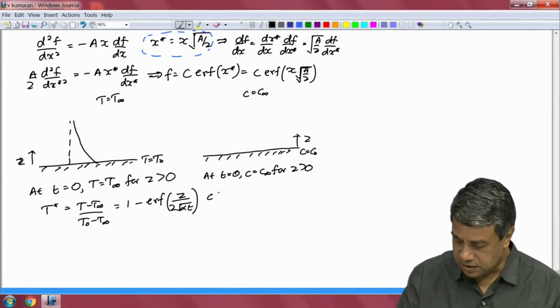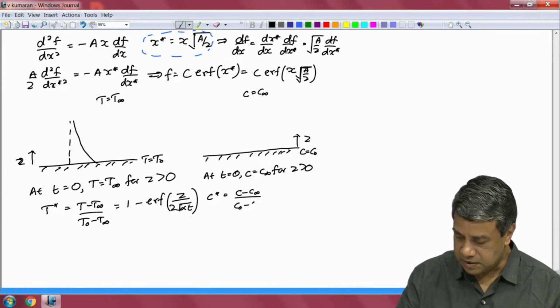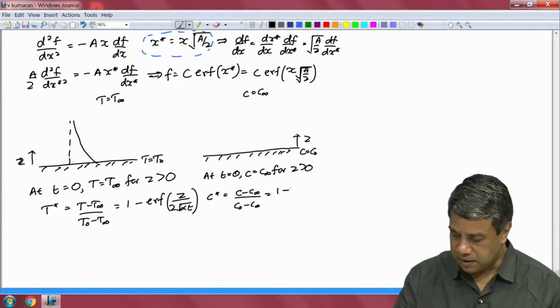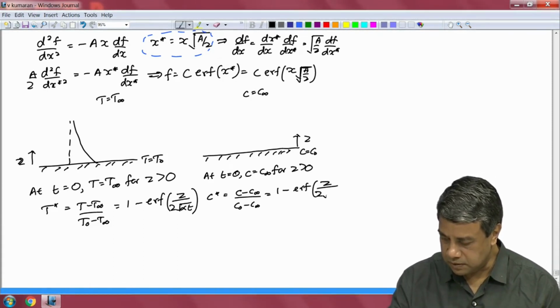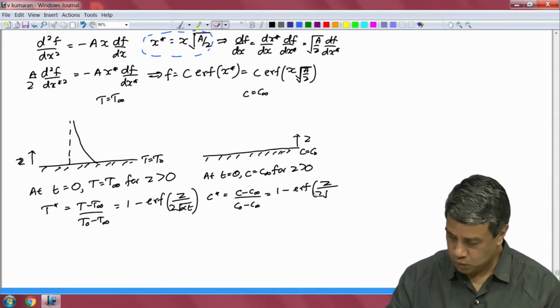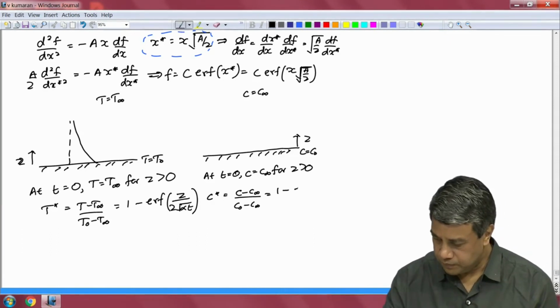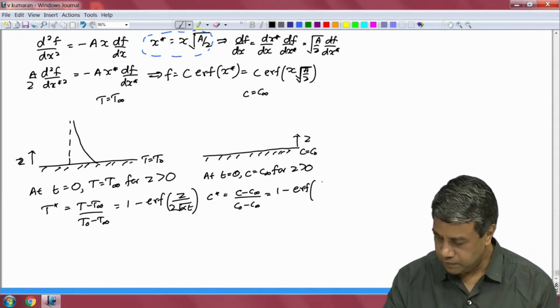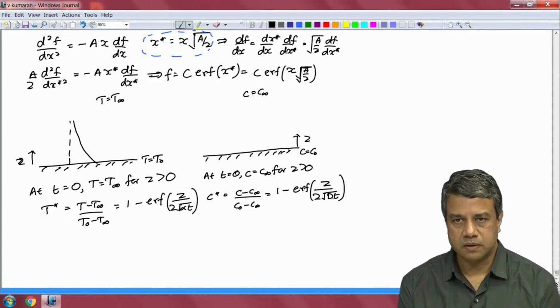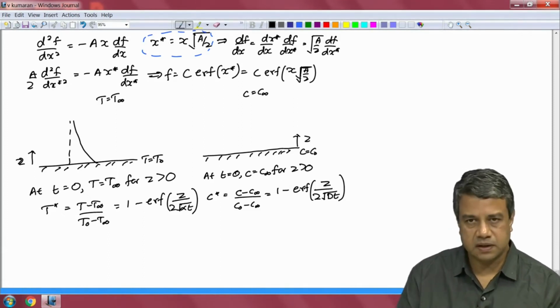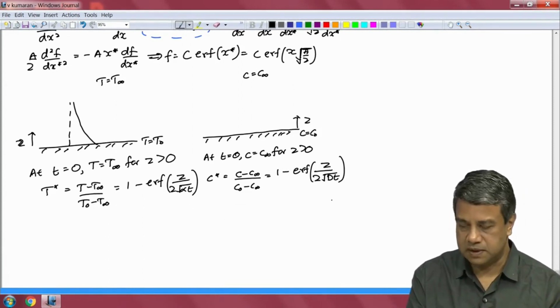C star is equal to c minus c infinity by c naught minus c infinity, equal to 1 minus error function of z by 2 root of D t. Substitute mass diffusivity for thermal diffusivity and concentration for temperature.